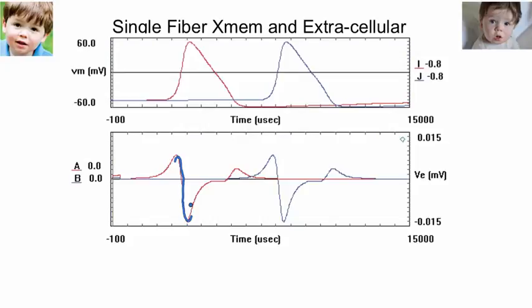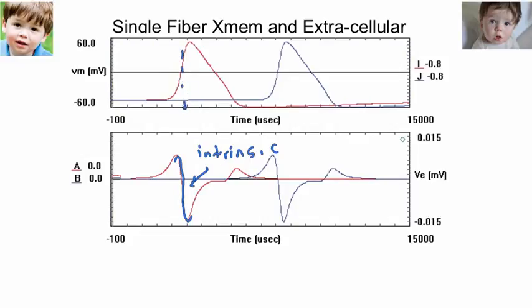I suppose intrinsic means it's within the middle of the waveform, but that's the name that's used for it. There it is right there. The thing about the intrinsic deflection is that there is a close time correspondence between the time of the intrinsic deflection and the time of the midpoint of the action potential.